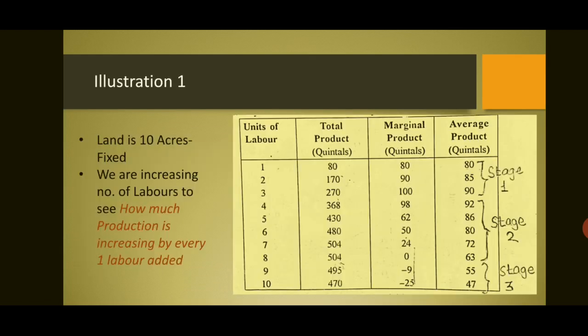Okay, so this is stage 2, where our production is increasing but at a decreasing rate. Okay, and this is stage 3, where average and marginal production becomes negative.